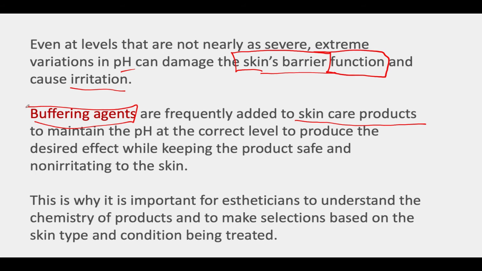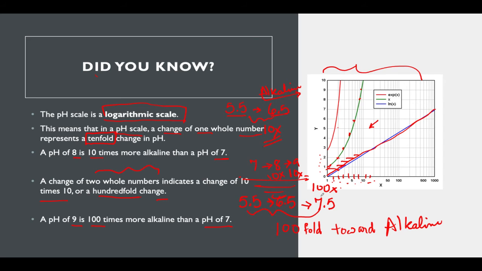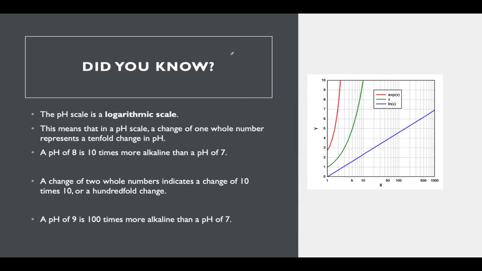Buffering agents, what they do is, if we go from 5.5 and our skin starts to, for some reason, shift towards 6.0, then the buffering agent will bring it back to 5.5.